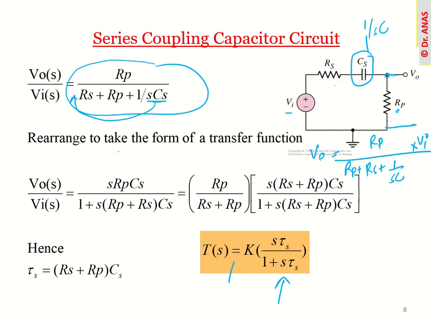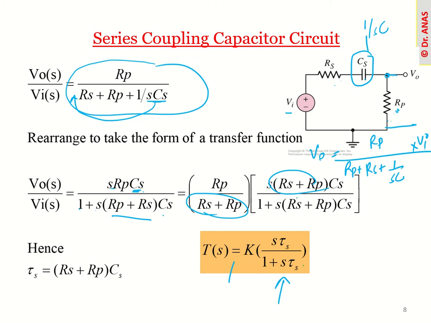So it will become s times sRp times C, 1 plus Rp times Rs times Cs. Then if we multiply and divide with this on both sides, we get this here. Why are we doing this? Because I want to get this form.